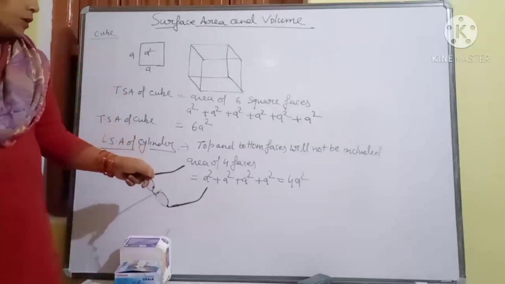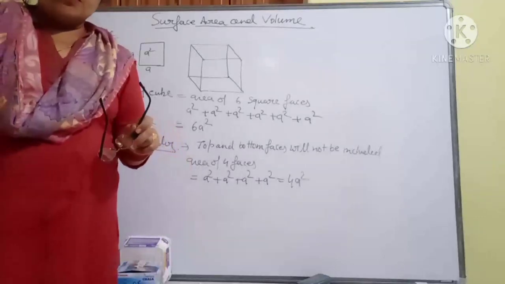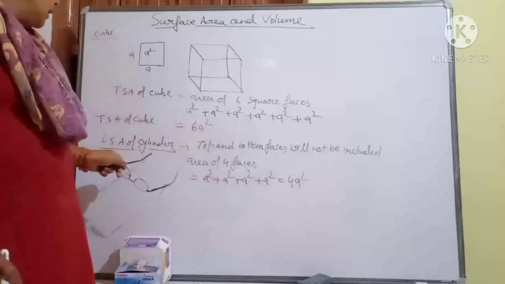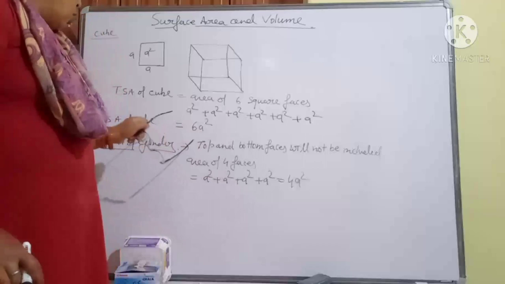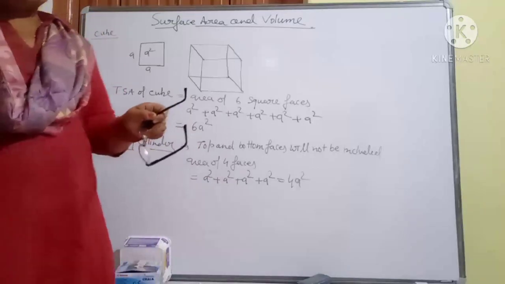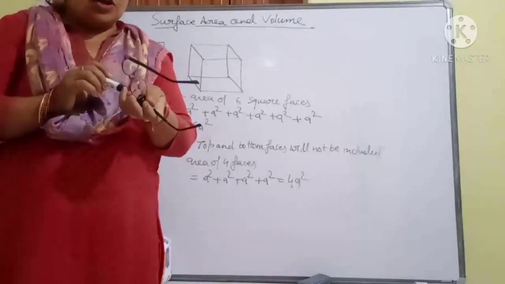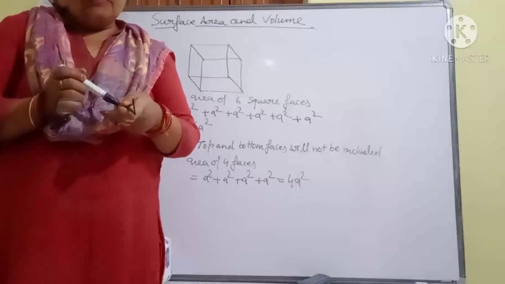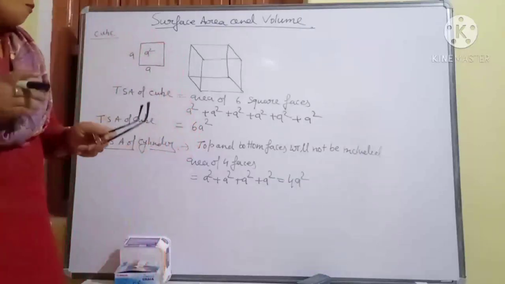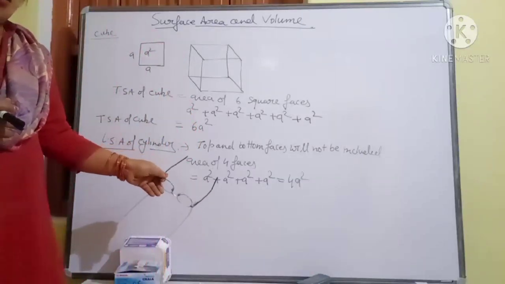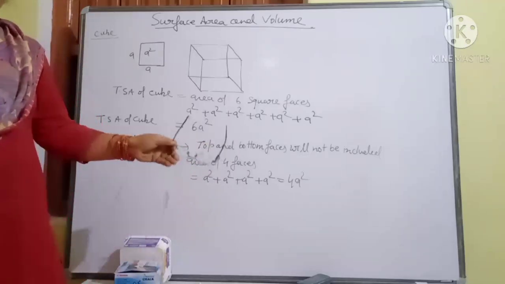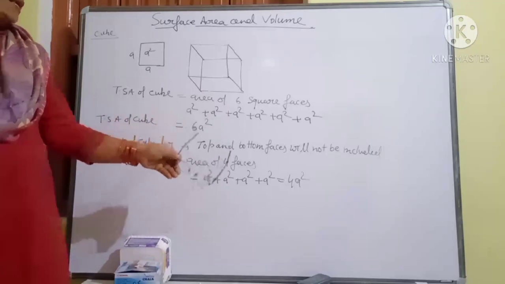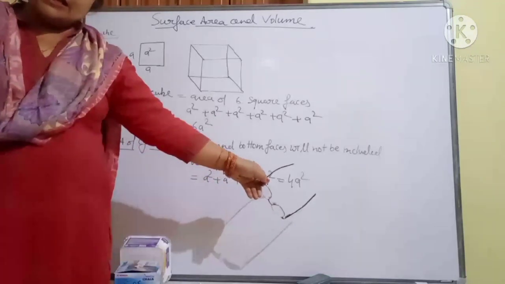So if it is a cubical room, then lateral surface area means the area of 4 walls of the room, and if it is a square-shaped room, then its area will be 4A square.